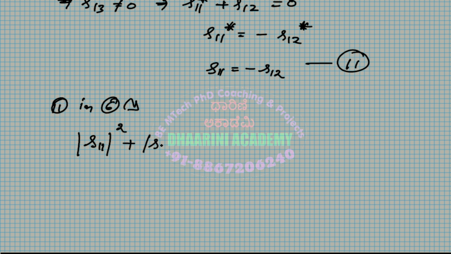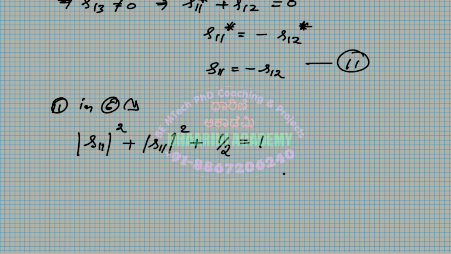I can replace it as S11 squared. Plus the third term, S13 squared. S13 is known, 1 by root 2, so 1 by root 2 squared is 1 by 2. Right hand side equal to 1. Are you okay?